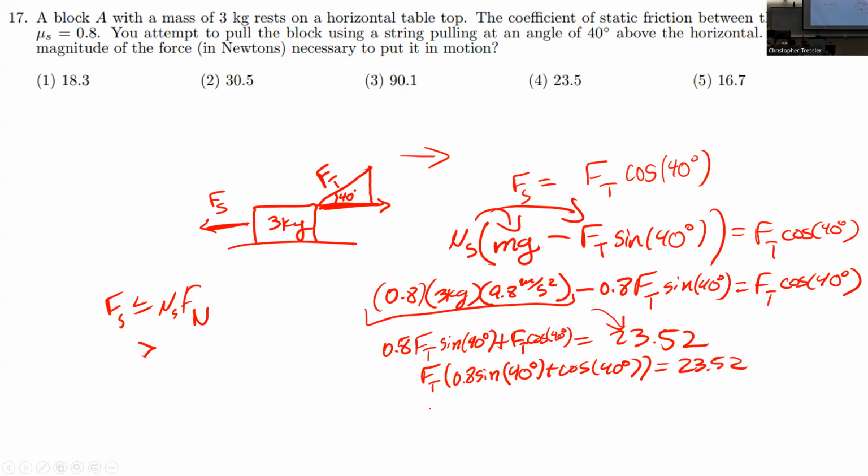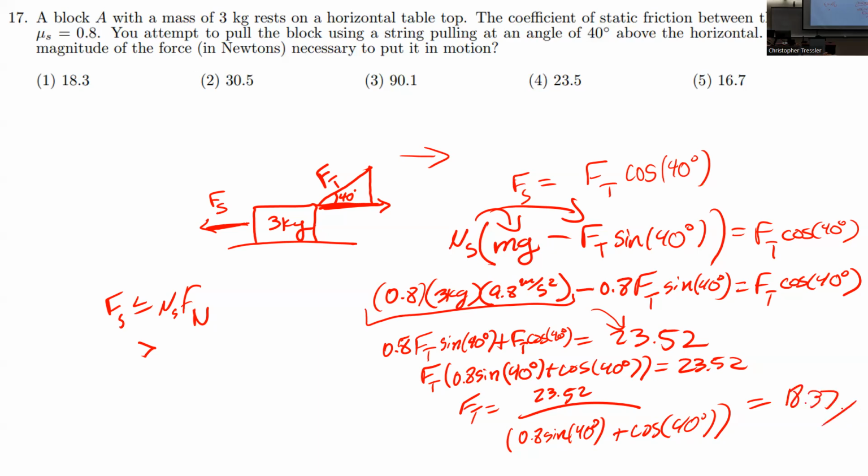Then if you just divide, we get FT is equal to 23.52 over 0.8 sine 40 degrees plus cosine 40 degrees, which is equal to 18.37.